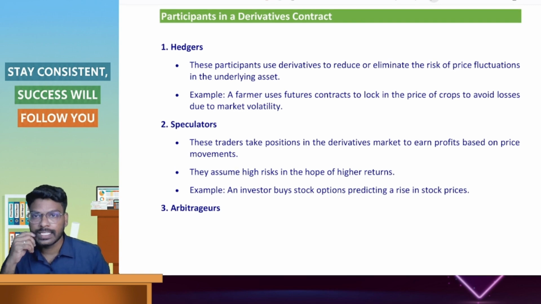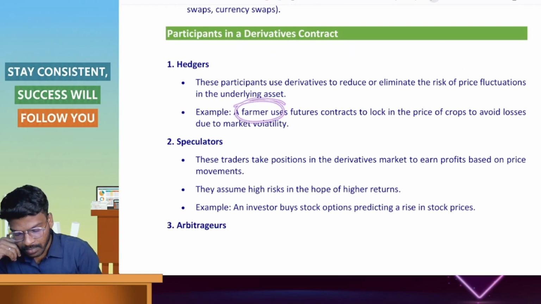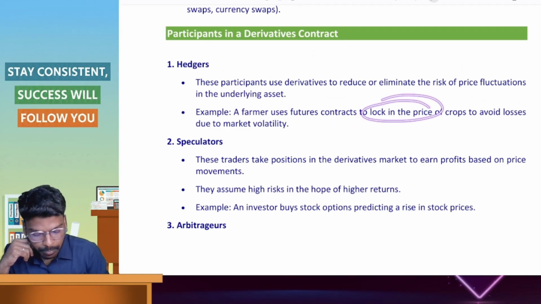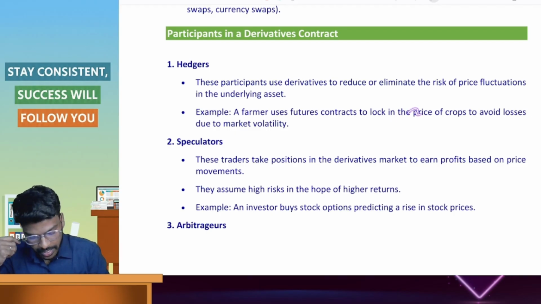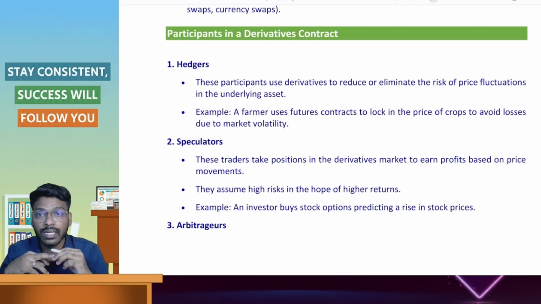So next example, it is a simple example I have taken. A farmer uses the future contract to lock the price of crop. The farmer will enter into a contract as a seller and lock the price. In case of crops, the price will fluctuate based on the demand and the supply.